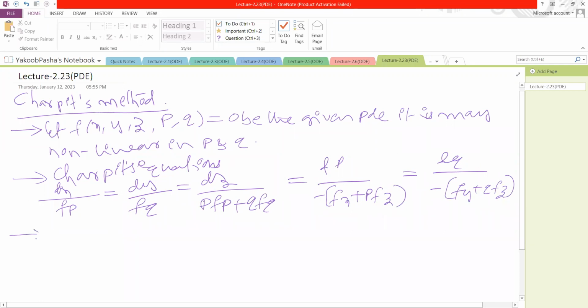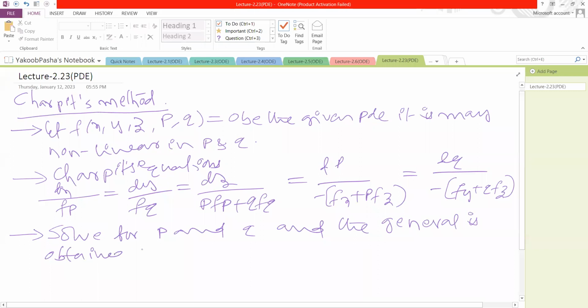So in order to find the solution of the partial differential equation, we have to find the values of p and q from these equations. So we can solve for p and q, and the general solution is obtained by integrating dz = p dx + q dy.